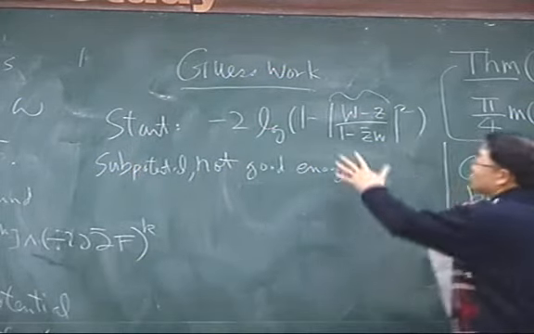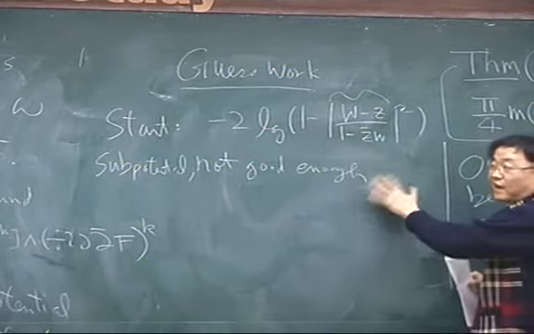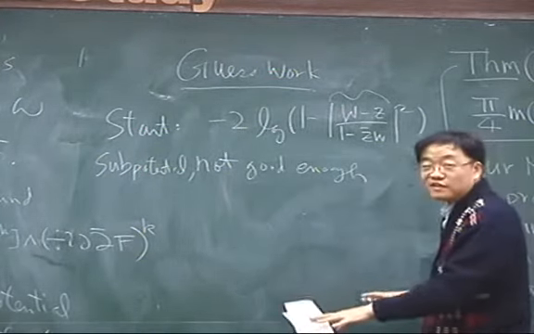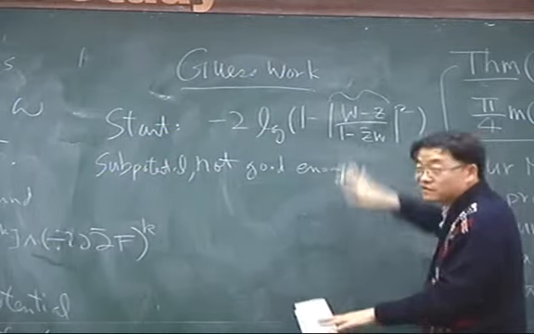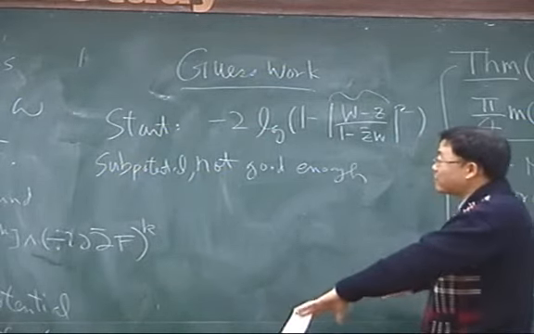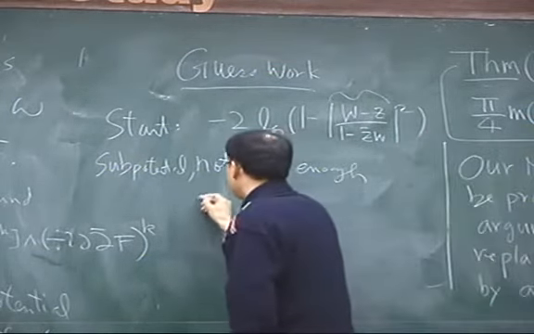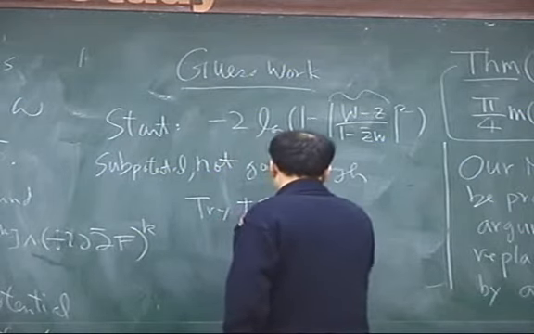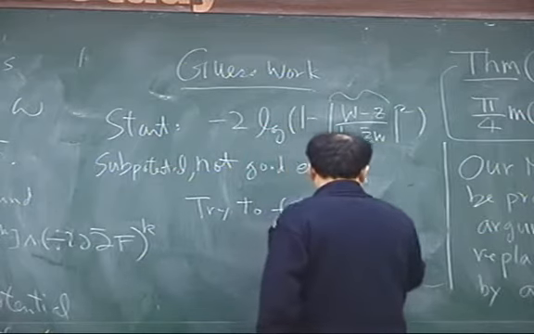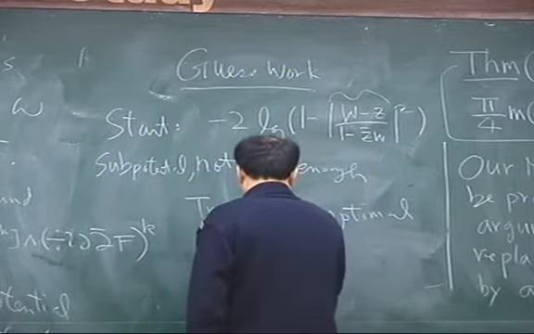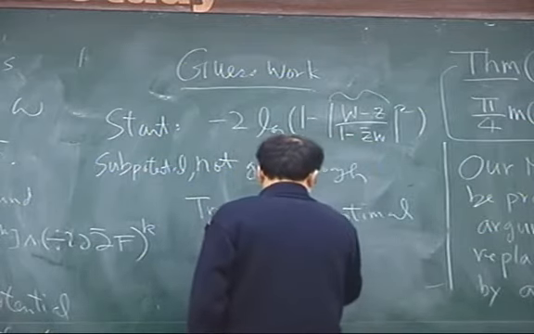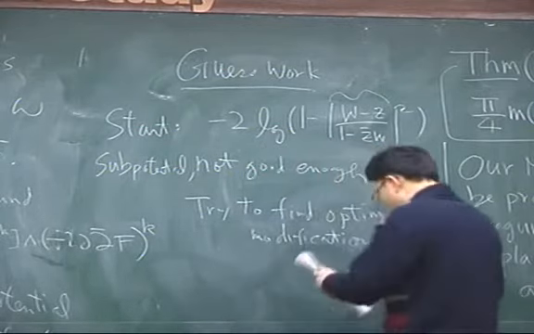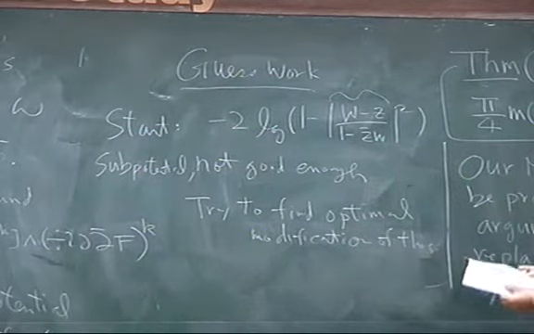And then what we did is we tried to modify this, and eventually wrote down some differential inequality in terms of this, to try to find the optimal modification of this. And finally, I will just write down the answer.